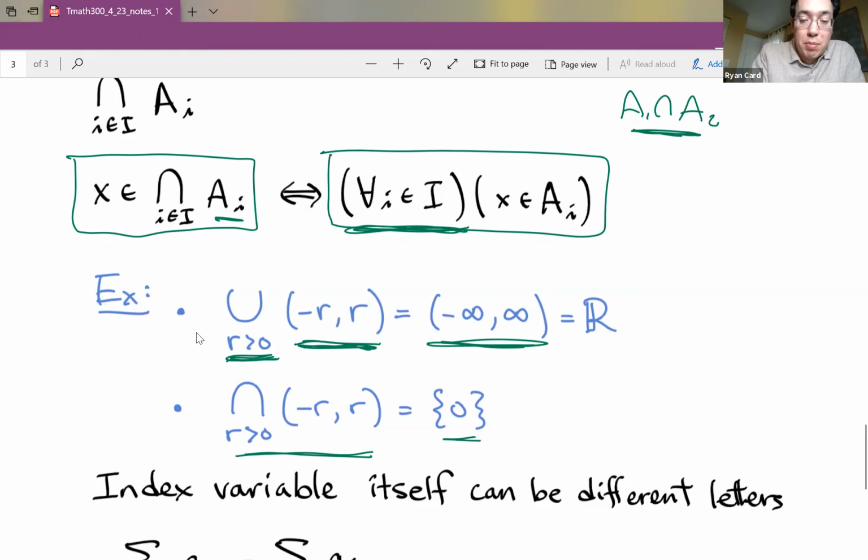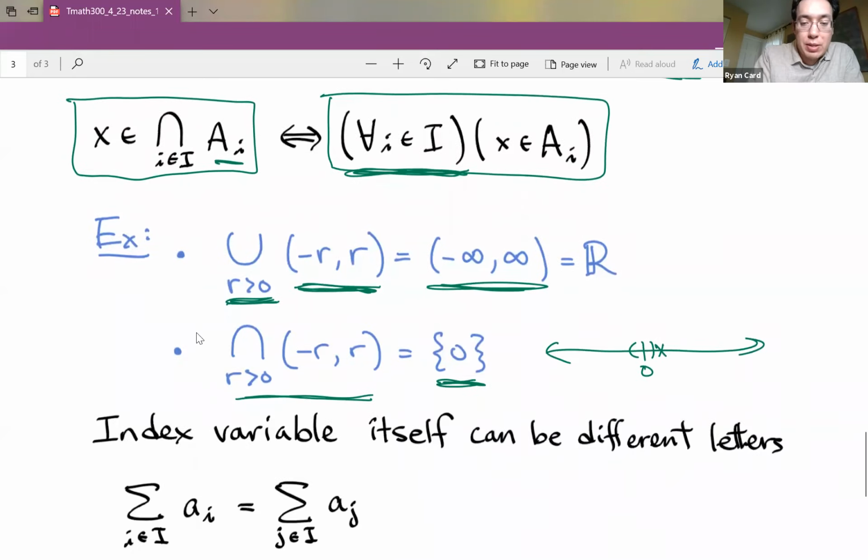If you pick any other number, let's say this is the real number line, if you pick anything other than 0, then you can draw an interval from negative r to r small enough that it excludes that number. But 0 is always contained in all of these. So the set is a singleton set, {0}. Okay.